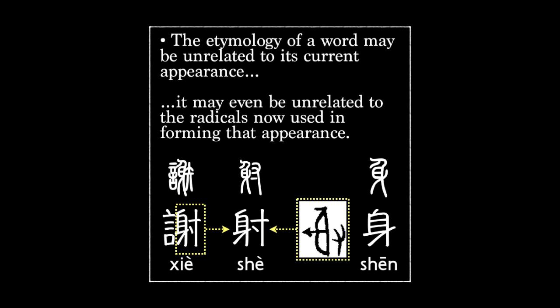Tragically and incoherently, it is no longer a depiction of a bow and arrow. Instead, we have a totally unrelated word that actually depicts the human body in a very stylized form that has replaced the bow and arrow.